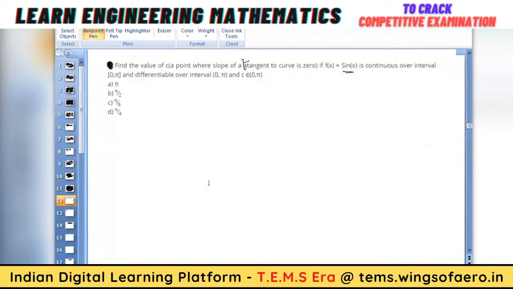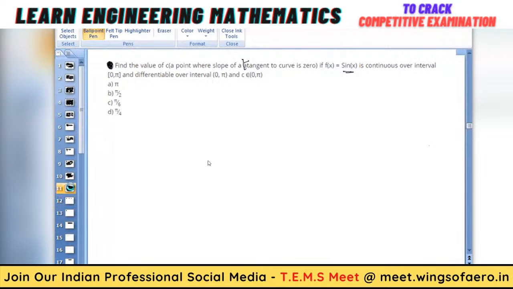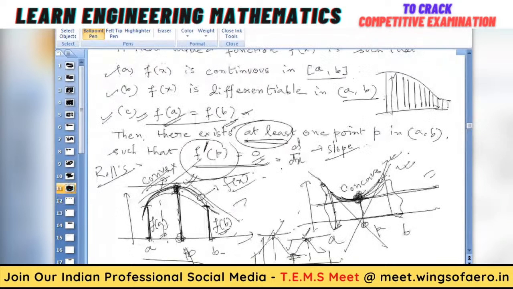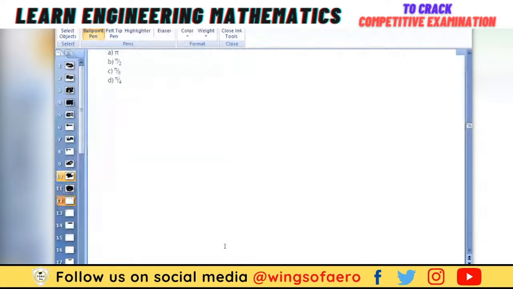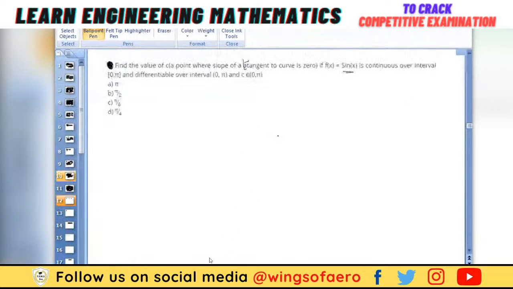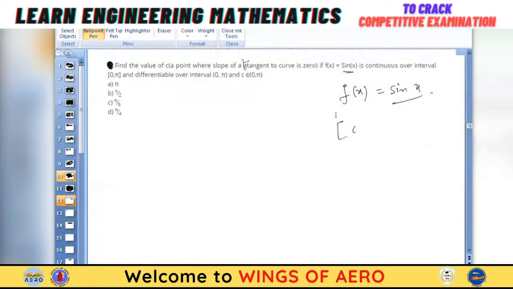So you have to find the point C, that is the point P here, at which the derivative of the function becomes 0. The function is given as f(x) = sin x. The interval is given as 0, pi.